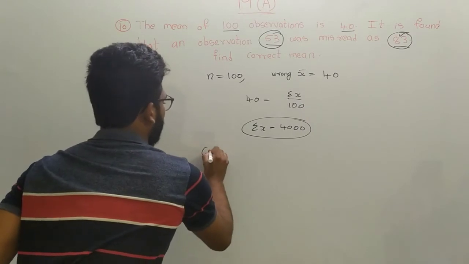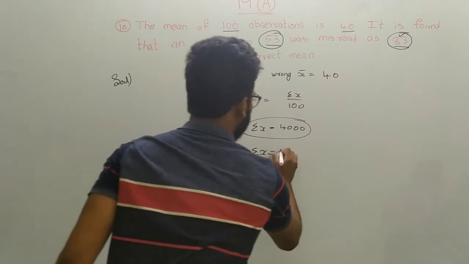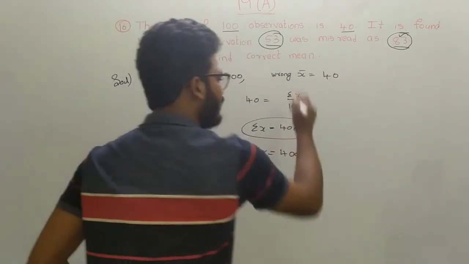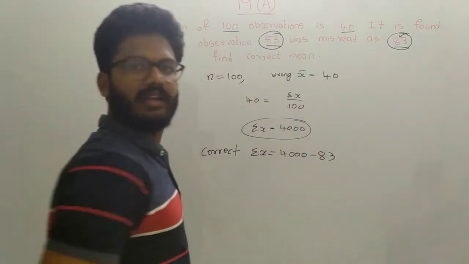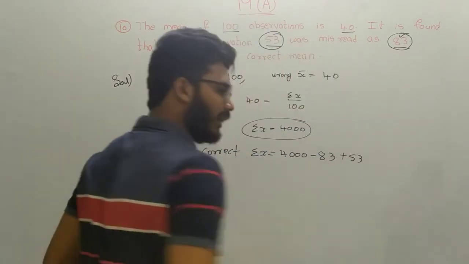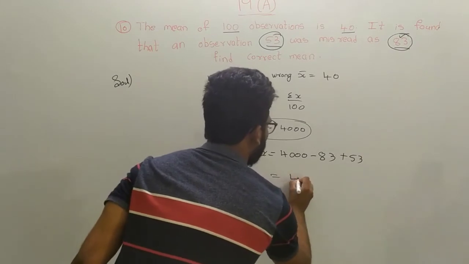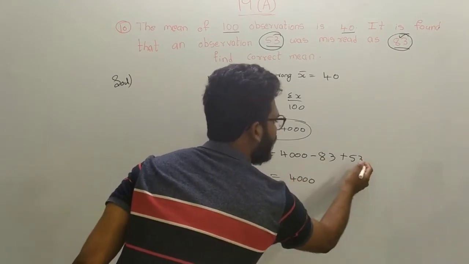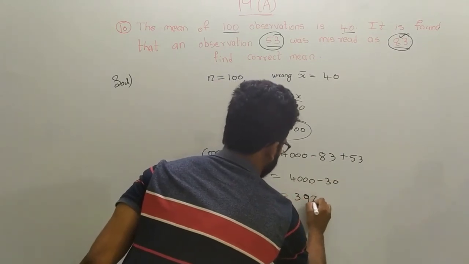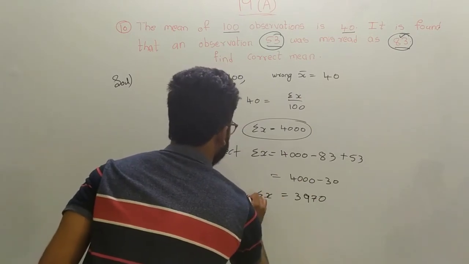So the correct sigma x will be equal to 4000 minus 83, because 83 is there in this sum, and you have to add the correct observation so that you will get the correct sum. And what will we get? 4000 minus 83 plus 53 is minus 30, so 3970 is the correct sum.